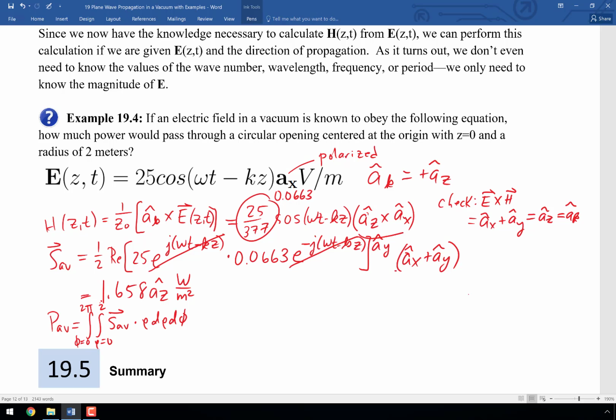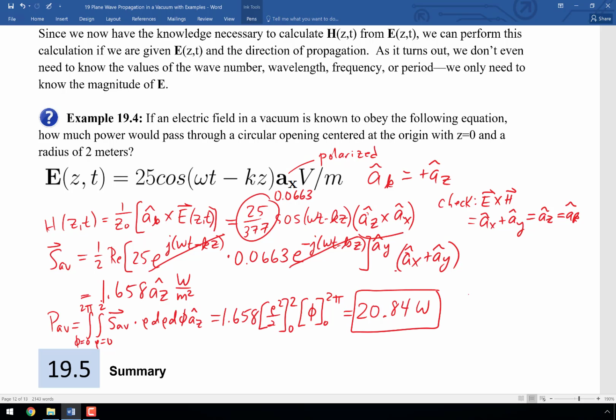But the average Poynting vector is a constant. I should say there's also an a sub z here on the end. So the a sub z dotted with the a sub z from the average Poynting vector is going to go away. I'm left with 1.658 times rho squared over 2 evaluated between 0 and 2, and phi evaluated between 0 and 2 pi, which when I punch it all into my calculator, I get 20.84 watts.